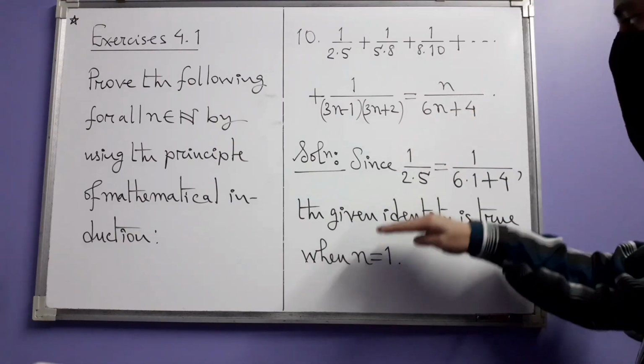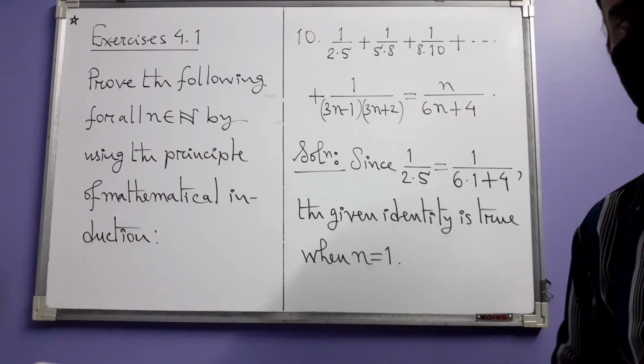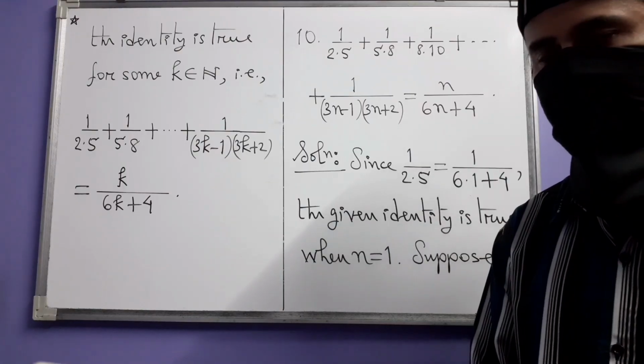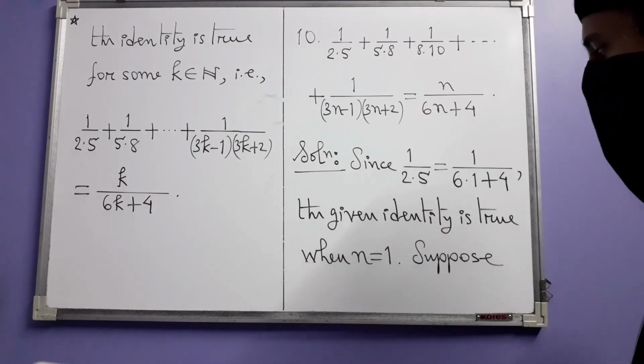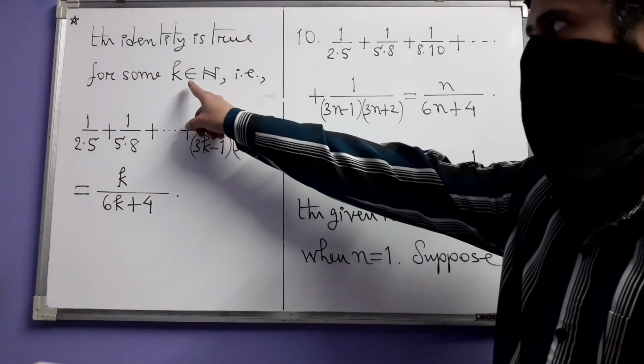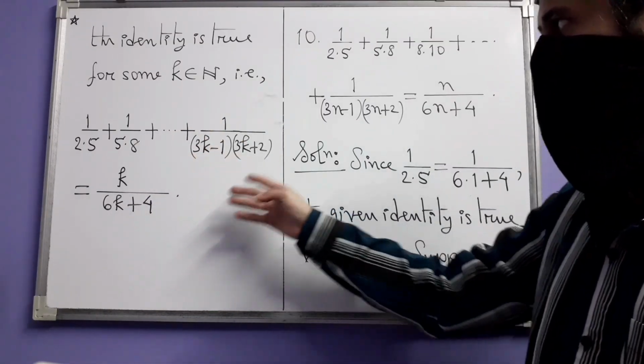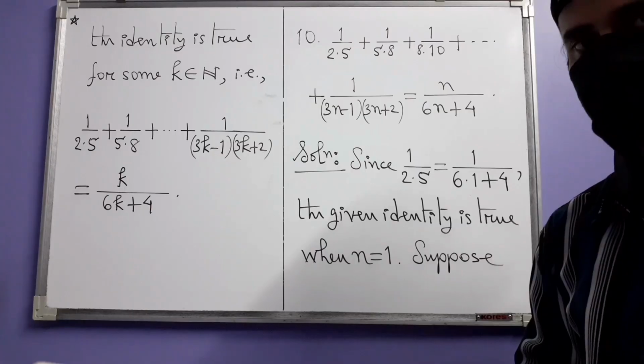That means the identity is true when n is equal to 1. This is our basis. Next comes the induction hypothesis, where we suppose that the identity is true for some natural number k. That means this is true when n is equal to k.